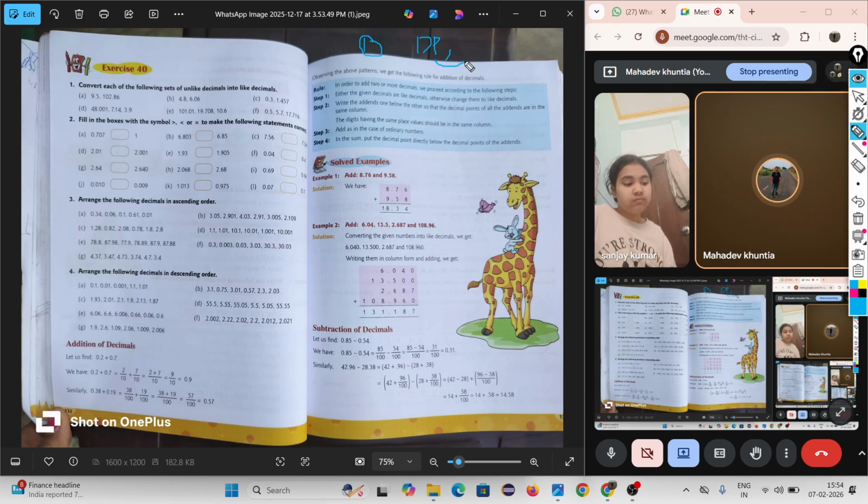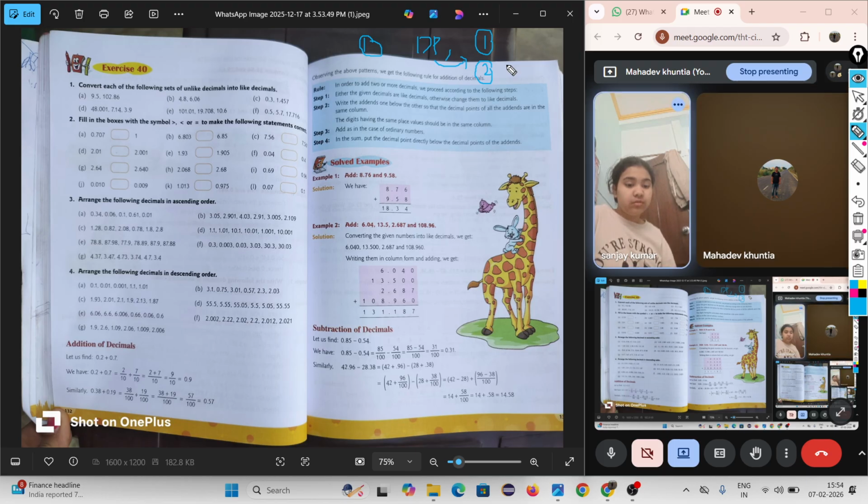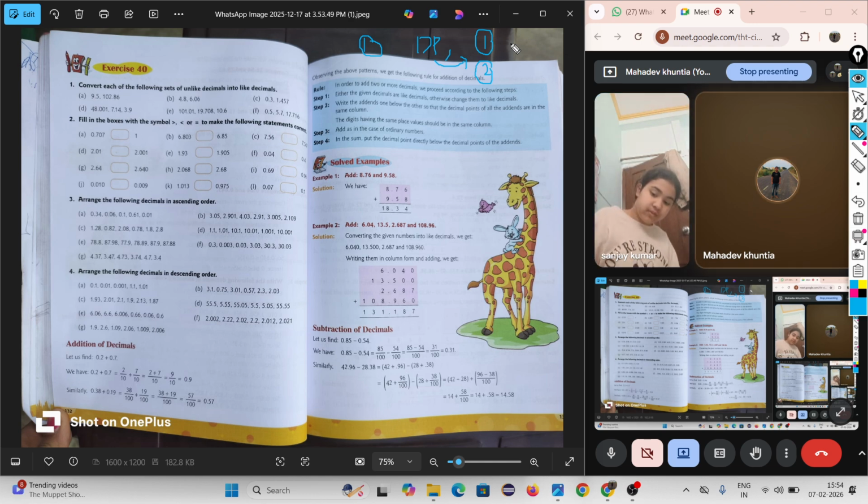Depending upon decimal places, tell me how many types of decimal we have? Two. What are they?